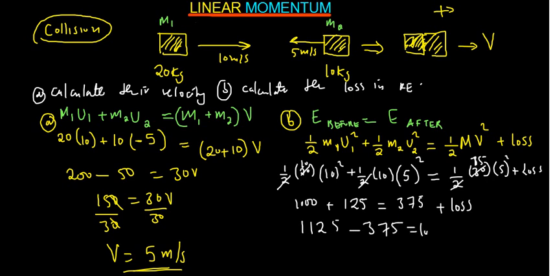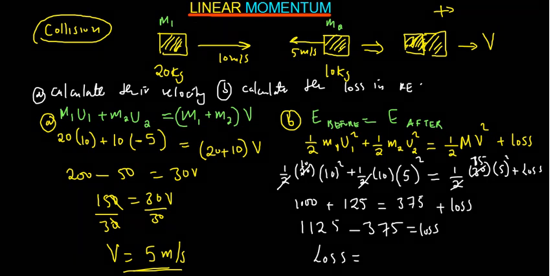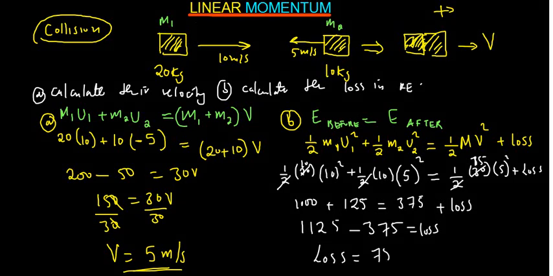And that is going to be equal to the loss. Meaning that the loss is going to be equal to 1125 minus 375. We are going to get 750. Now remember, this is energy, so it is given in joules. So this is how much energy has been lost in this kind of collision, because it is an inelastic collision.